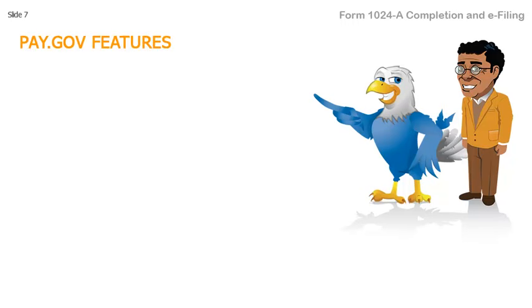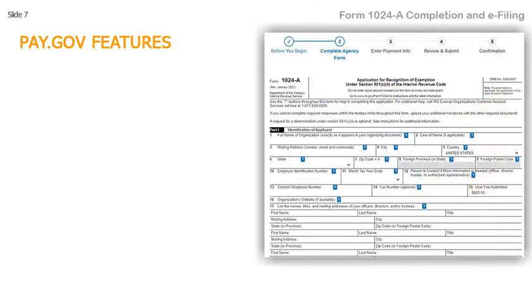Before we walk you through the different parts of Form 1024A, I'll explain some of the features you'll encounter in Pay.gov. First, most lines include helpful instructions. Simply click on the question mark in the blue box next to the question. The same information can be found in the instructions for Form 1024A, which you can access using the link on the Form 1024A landing page or on irs.gov.